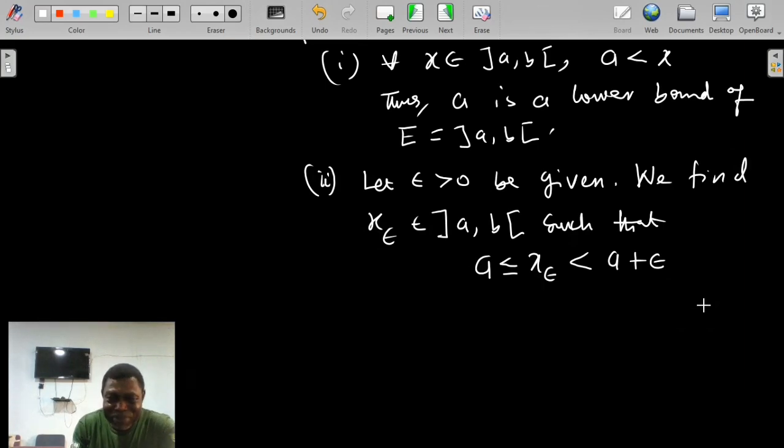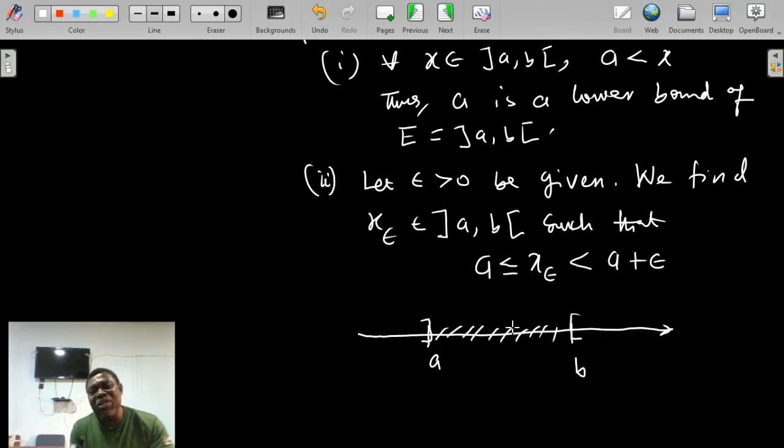I would like us to look at this interval again. I want us to observe this. There are two cases. One of the cases is that the epsilon, from here to here, could be of length epsilon.